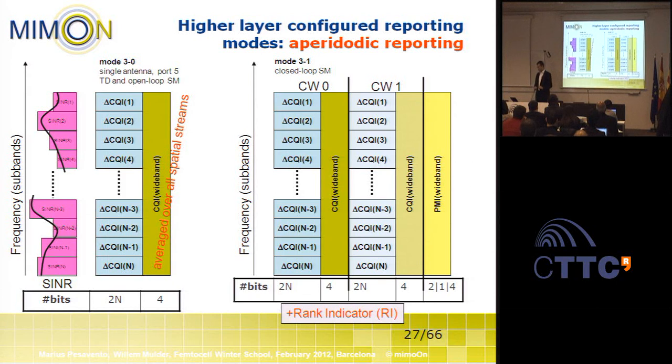I showed this on the previous slides. This is reported with 4 bits, and then differential to this average value, for each of the n subbands, there are also CQI reports generated, giving the offset to the average CQI value.